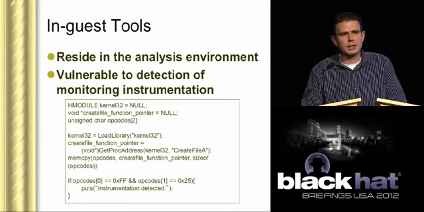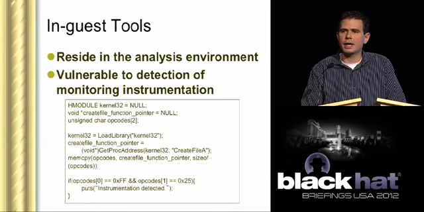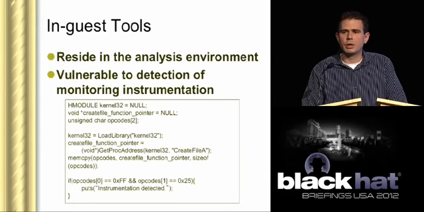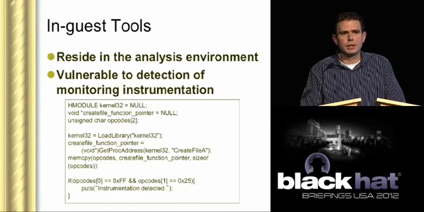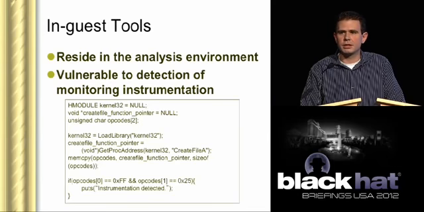The problem is that you have created hooks that you cannot hide if you choose the most straightforward implementation. And so what you see on this slide at the bottom is a small block of C code that will take a function that is likely to be hooked by such tools, get a byte data pointer to the start of that function, and then determine whether the first 2 bytes correspond to the opcodes of an unconditional jump.